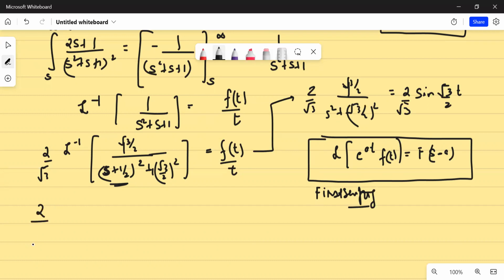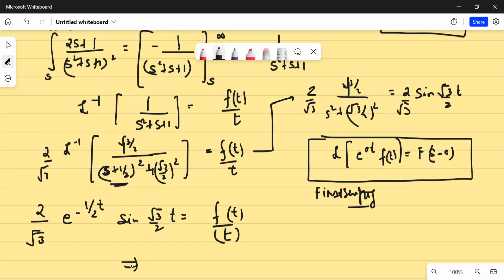So it implies it is 2 by root 3 e to power minus half t sine of root 3 by 2 t, which is equal to f(t) upon t. So your f(t), the Laplace inverse of your F(s) which is required, is 2t upon root 3 e to power minus t upon 2 and sine of root 3 upon 2 t. Is that clear?